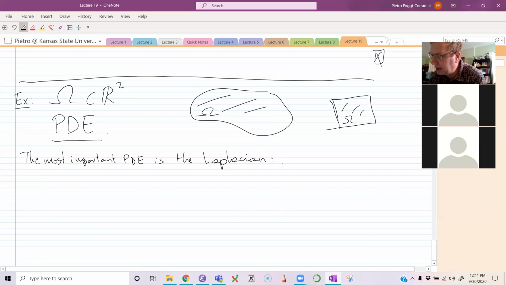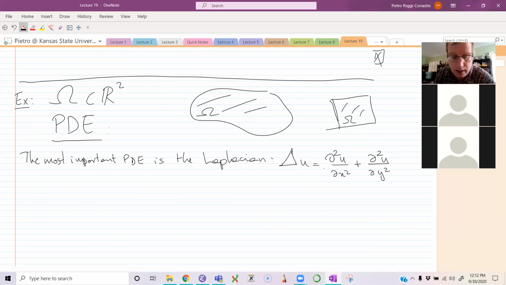Right, so the Laplacian, delta U, is two derivatives in X plus two derivatives in Y. Okay, so that's the formula. Two partial derivatives in X, two partial derivatives in Y.